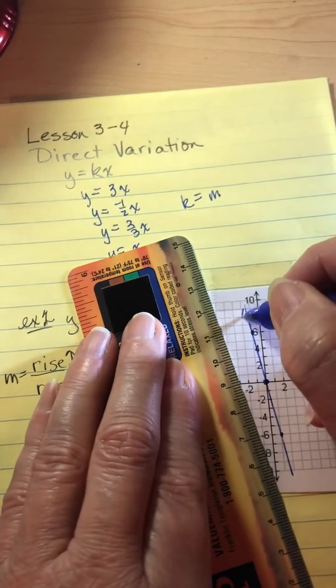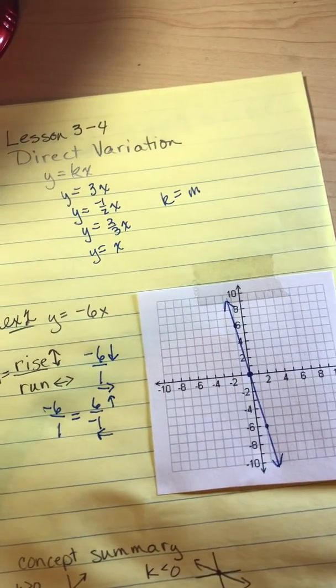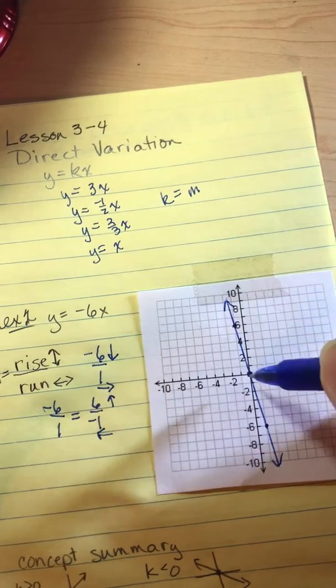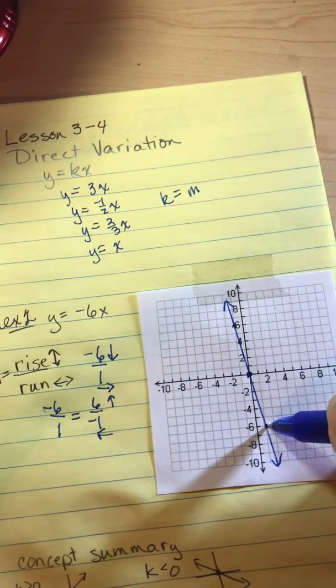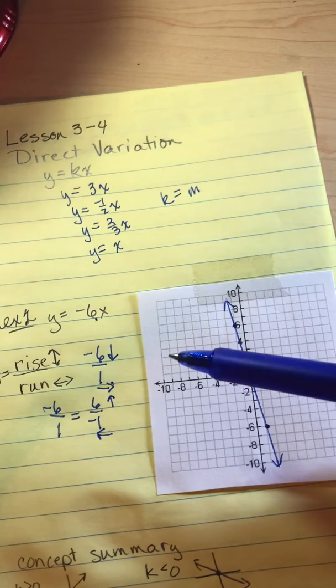Okay, and then I draw my line. So I need 3 points, 1 on either side of the origin. So I had this one up here, the origin, this one down here. These are the easiest ones to graph. When it's an integer, you just make it into a fraction.